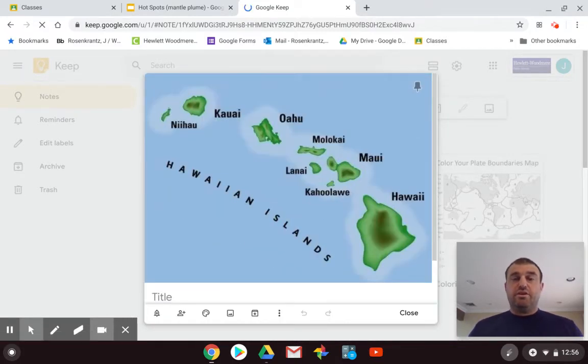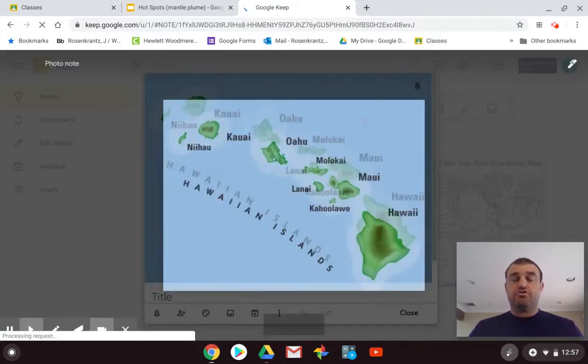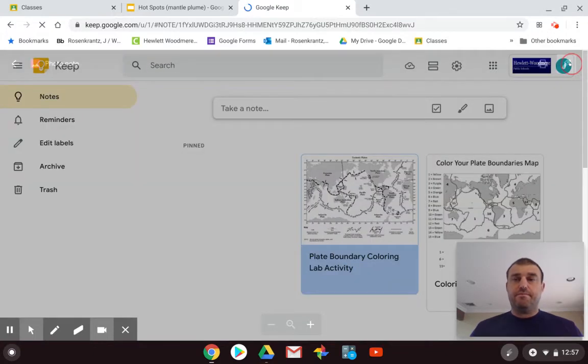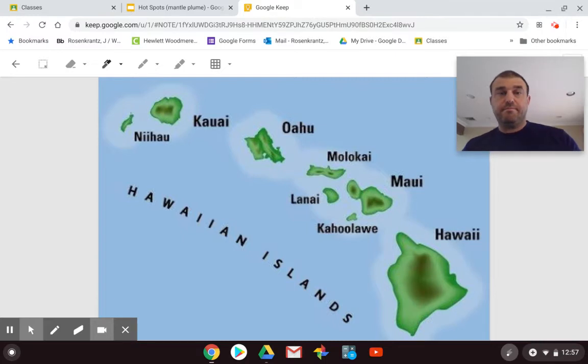You can take notes on the bottom, or you can also click on the image and draw on it. So you can put labels. And that's what I want to do right now, is label it a little bit.